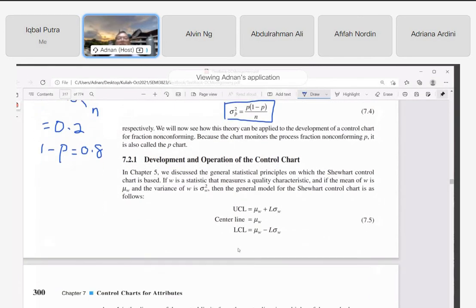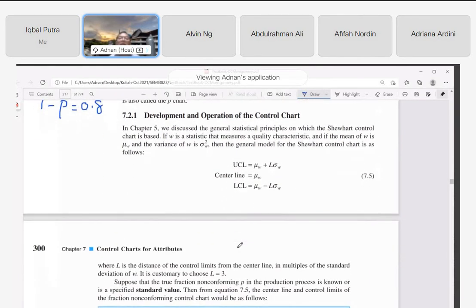So when we develop this P chart, as usual, we still have to have the central line, which is going to be P bar.